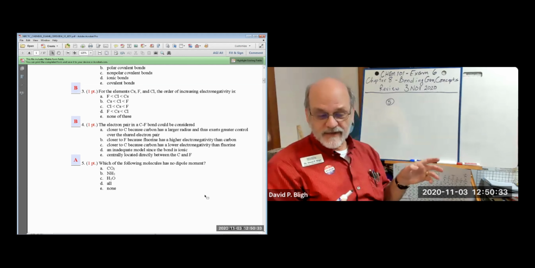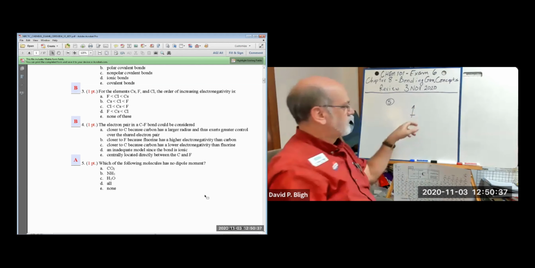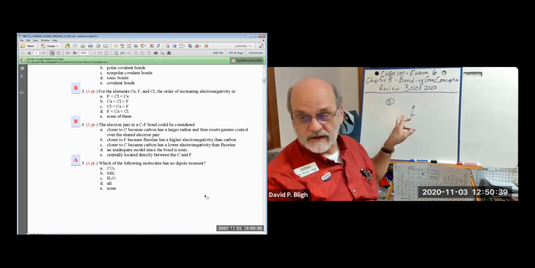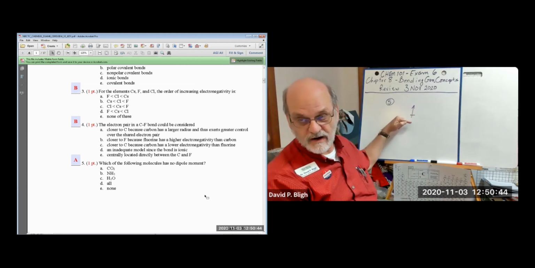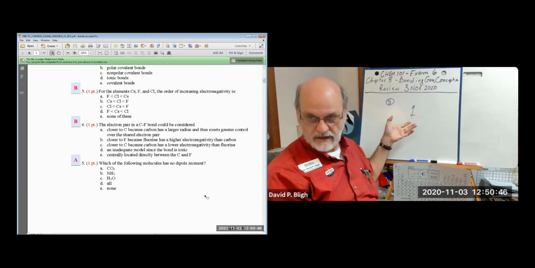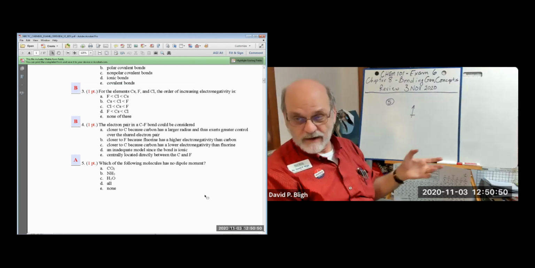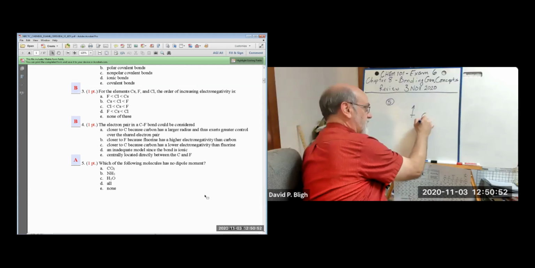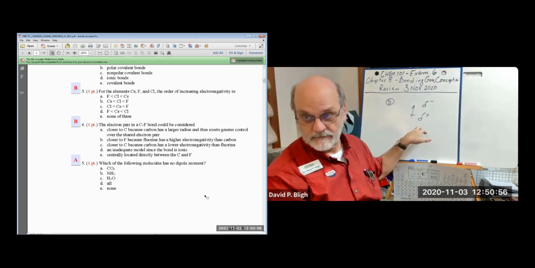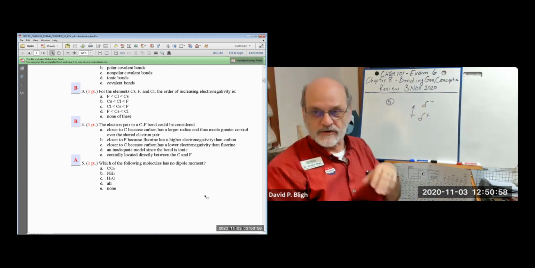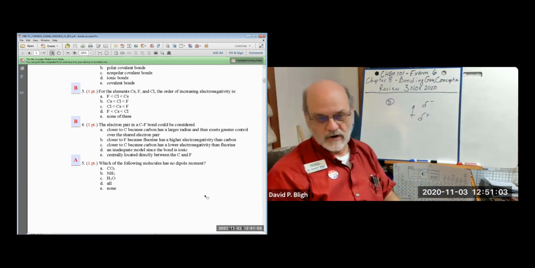And we represent that by an arrow. The arrow points toward the maximum electron density, and the plus end of the arrow shows where the deficiency of electron density is. In a bond, we may represent that with a delta with a plus or a minus sign to show a slight negative charge or a slight positive charge.